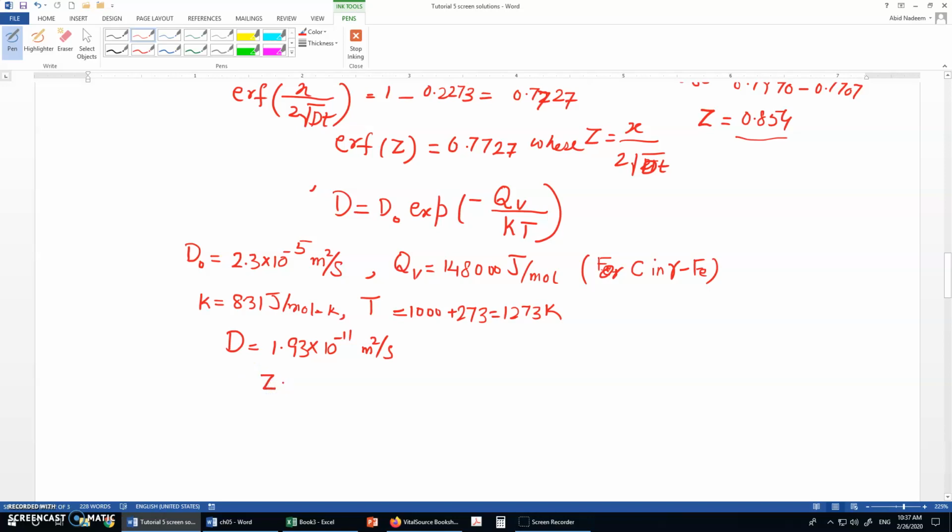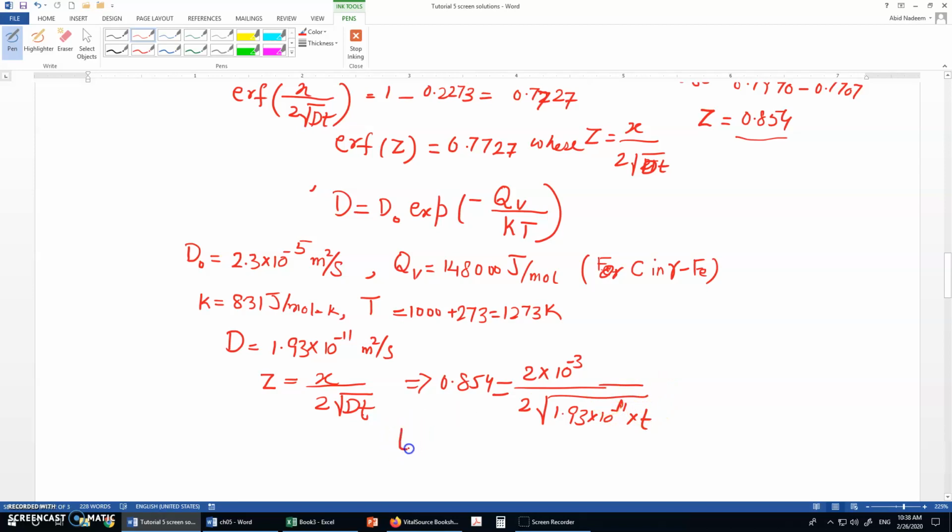Z is equal to x over 2 root Dt, where z is 0.854, x is 2 times 10 to the power minus 3 meters, and D is 1.93 times 10 to the power minus 11, multiplied by t.